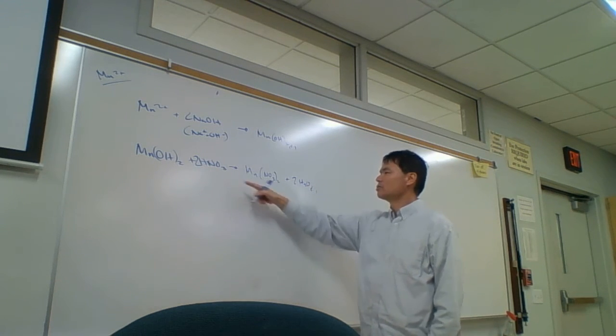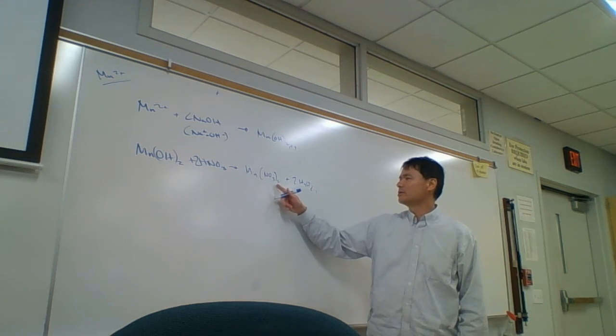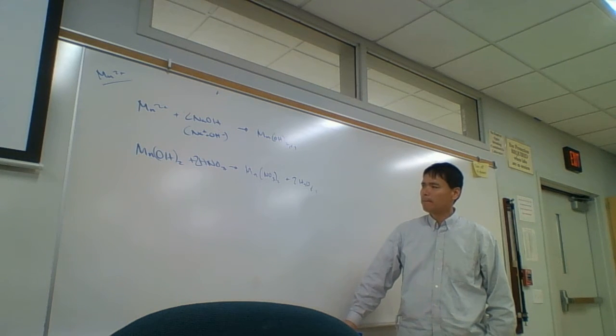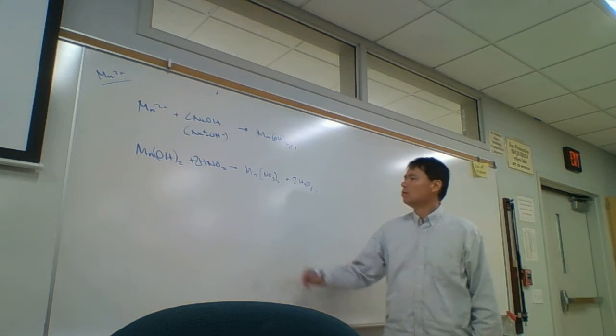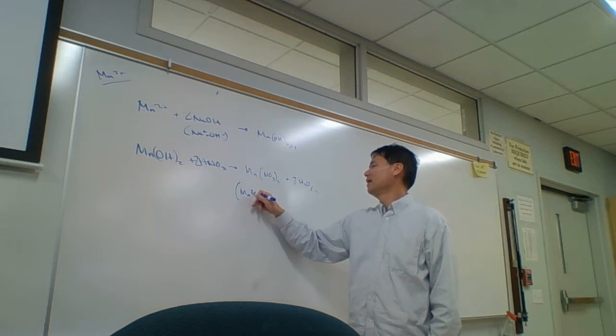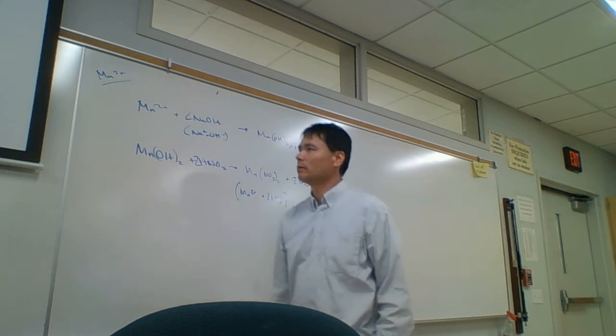So this is going from stronger acid to weaker acid. So driving force. This is not a precipitate. This is aqueous. And so stronger acid to weaker acid. Well, manganese 2 nitrate consists of manganese ions and nitrate ions. It's a strong electrolyte, so it should be broken apart.